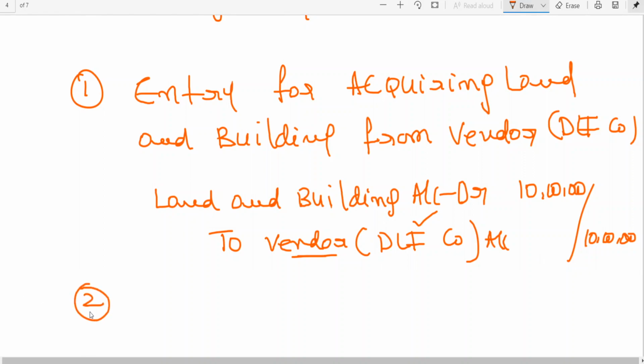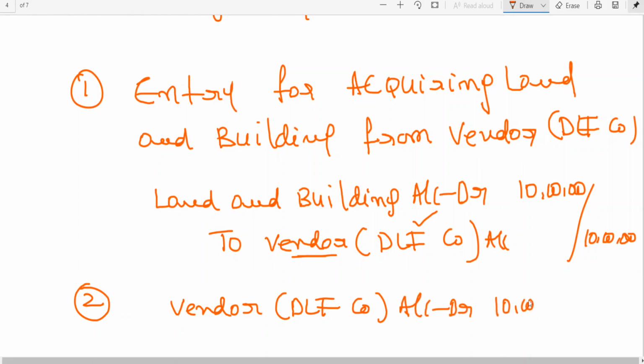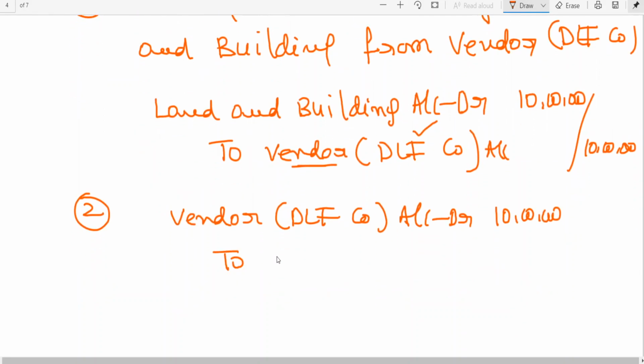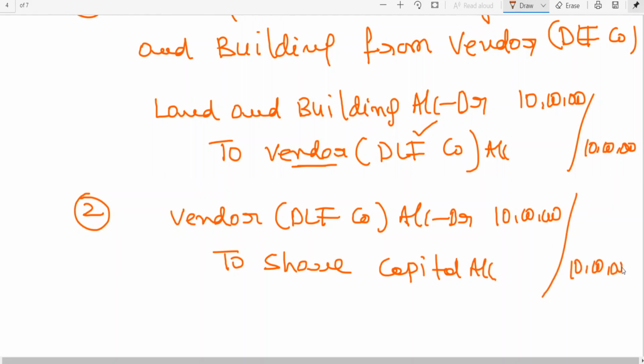Then you are issuing shares. That means you need to pay cash 10 lakhs, but you are not paying cash. So who is the receiver now? Vendor. Vendor account debit 10 lakhs, to share capital account, 10 lakhs.